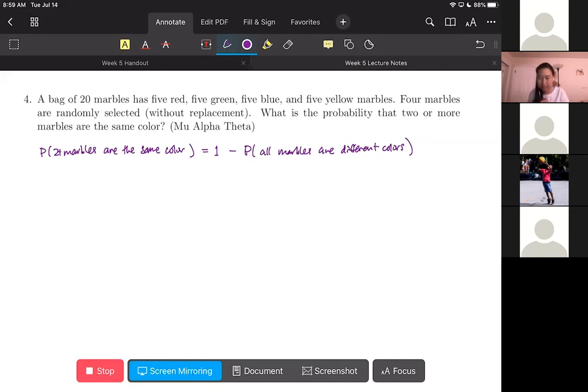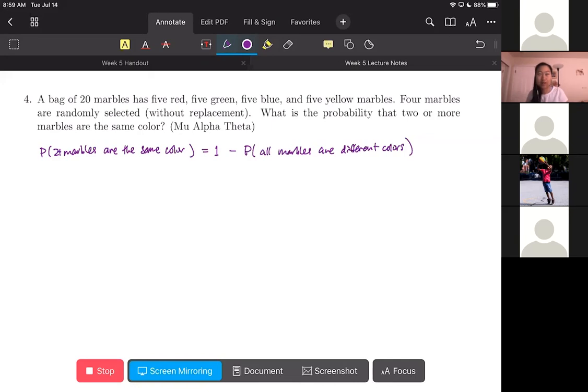Would it be 20 choose 4 because we're choosing 4 marbles out of 20? So 20 choose 4 would be how many different ways you could choose 4 marbles.